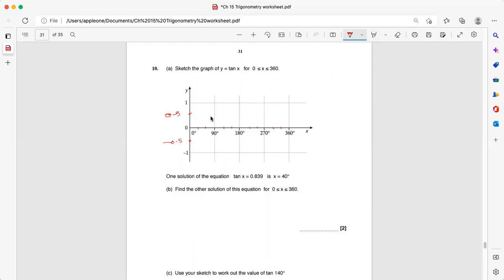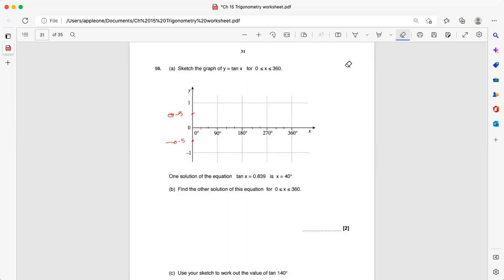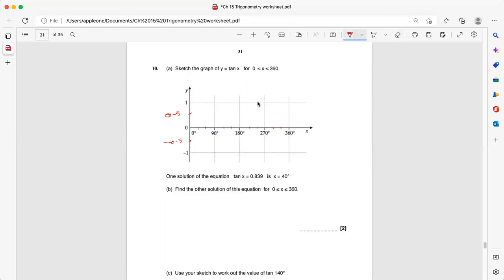Okay, look class and students, at 30, what is tan 30? Let me check tan 30. It's 0.577, so it's more than 0.5, somewhere here.